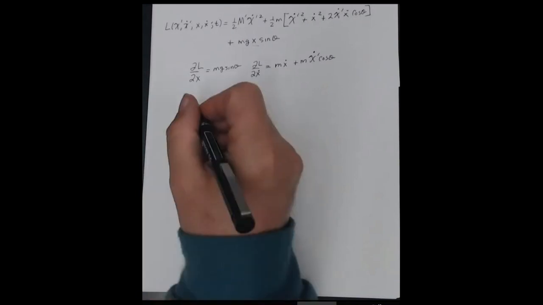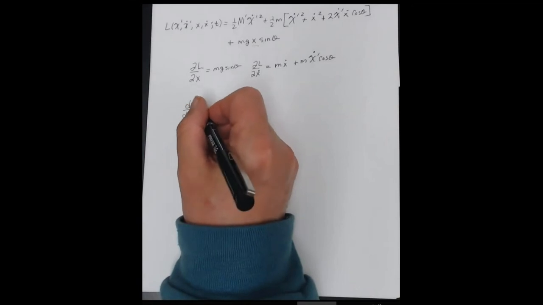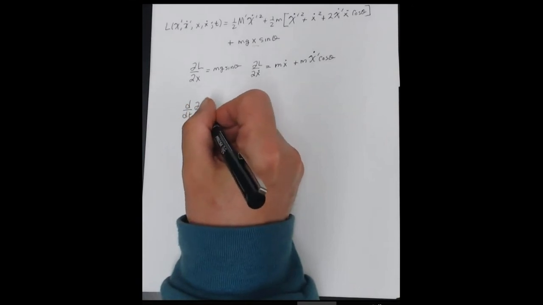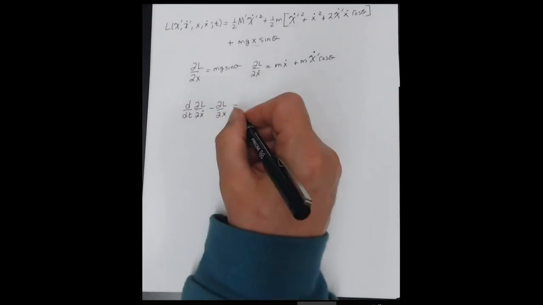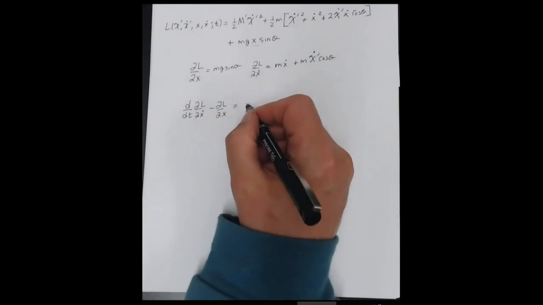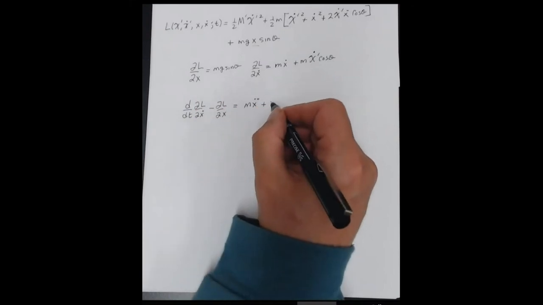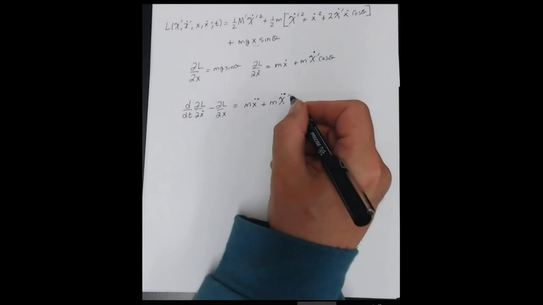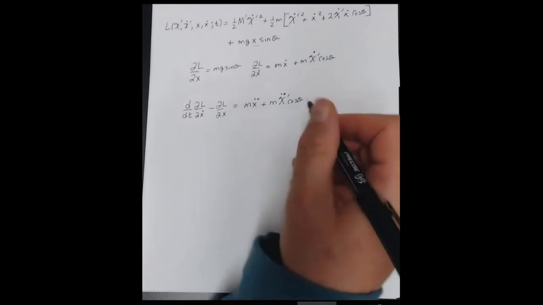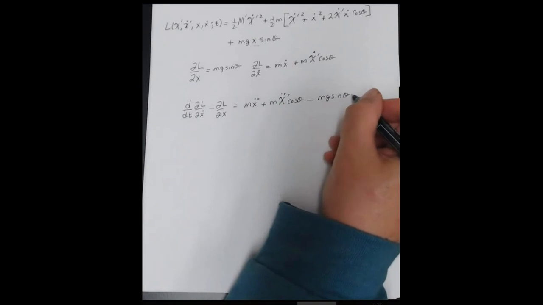So my first equation is equal to m x double dot plus m big X double dot cosine theta minus dL/dx equals 0.